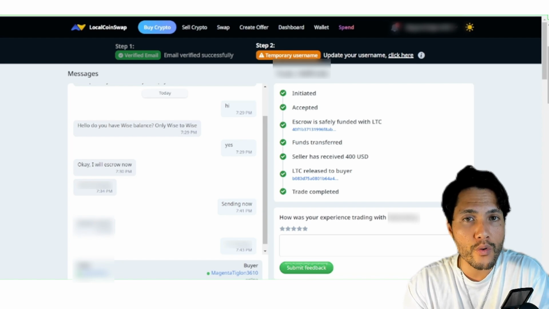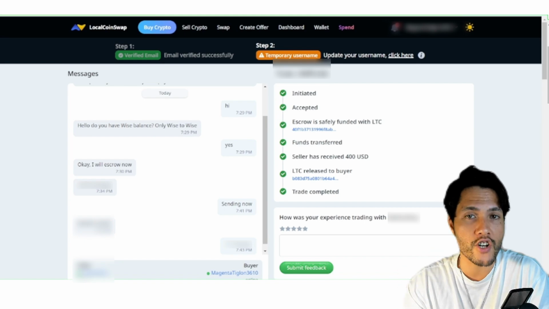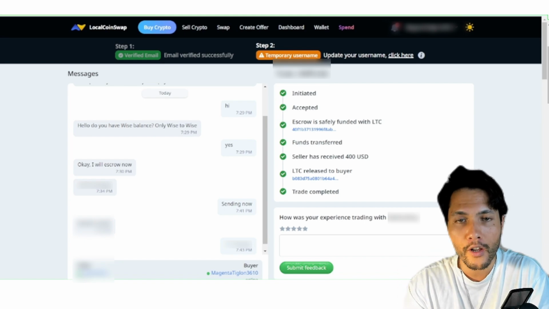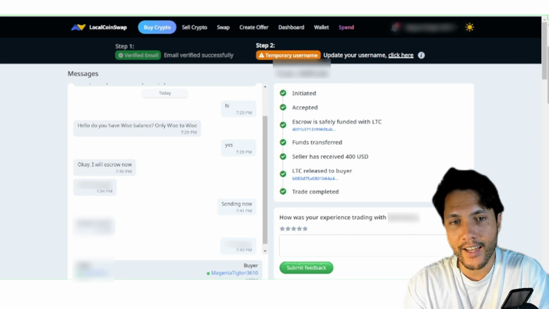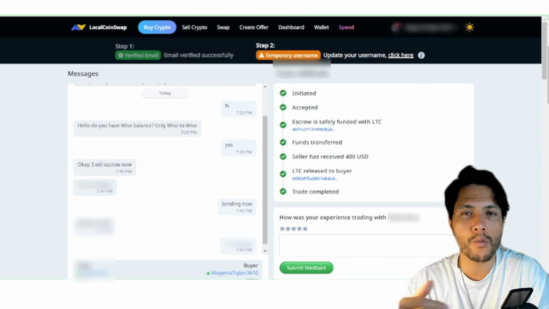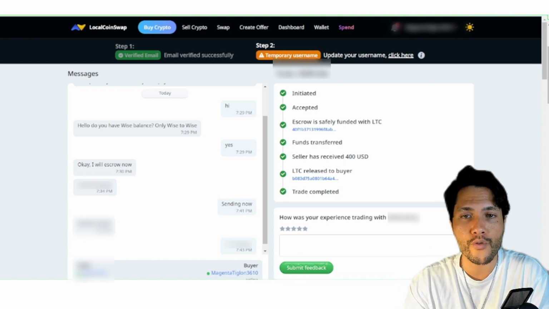If you want to use LocalCoinSwap, where you can buy cryptocurrency using many different payment methods, pretty much any payment method that you can think of, you can take advantage of on LocalCoinSwap. You can do so without KYC. And again, if you're so uncomfortable with this particular method that I showed you, because I'm using TransferWise, just mind you, there's hundreds, maybe 1,000 payment methods on here.